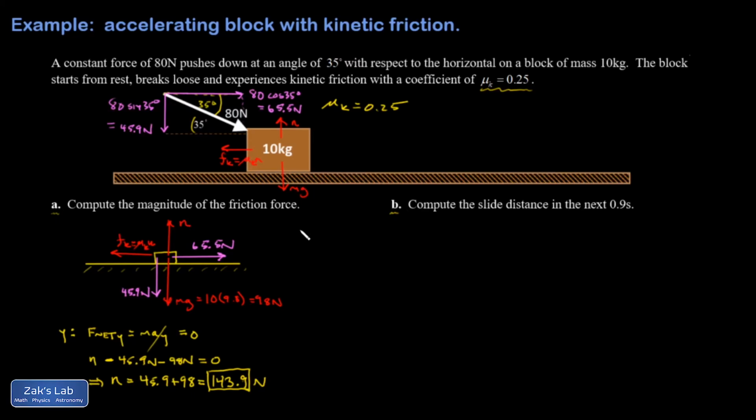All right, then I can get the friction force pretty quickly. Fk is mu k times the normal force, and that's 0.25 times 143.9. It gives me 36.0 newtons.